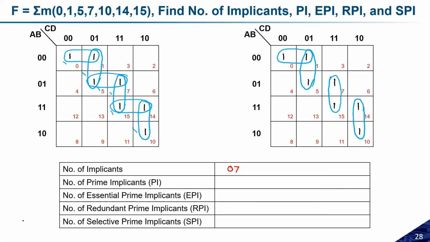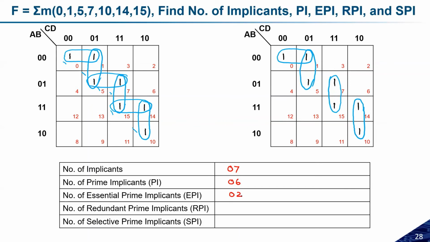Let me repeat: what is a prime implicant? All the possible pairs that we can make in any of the K-map. So here we have 6 prime implicants. The number of essential prime implicants we have already seen: only 2 pairs, and those are the essential ones, so the number is 2.